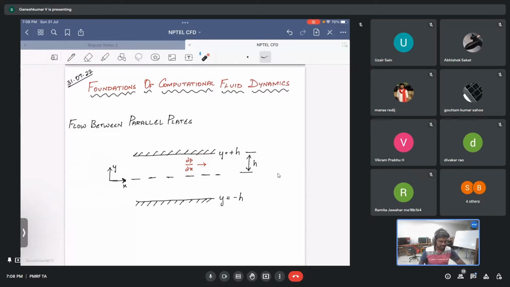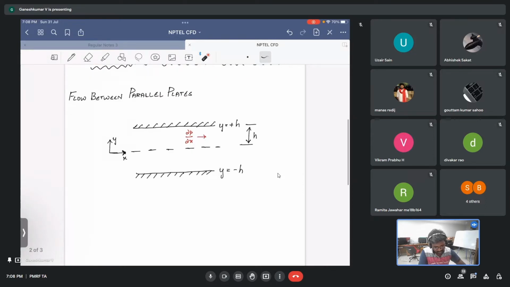The pressure gradient direction drives the flow between these two parallel plates. The choice of coordinate system is ours. We will take the coordinate system like this, at the center of the channel, and the plates are spaced at a distance of h from the center.